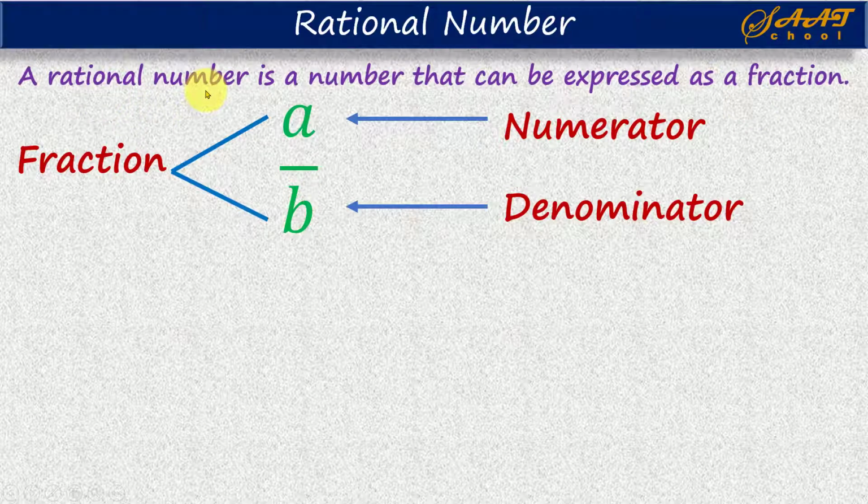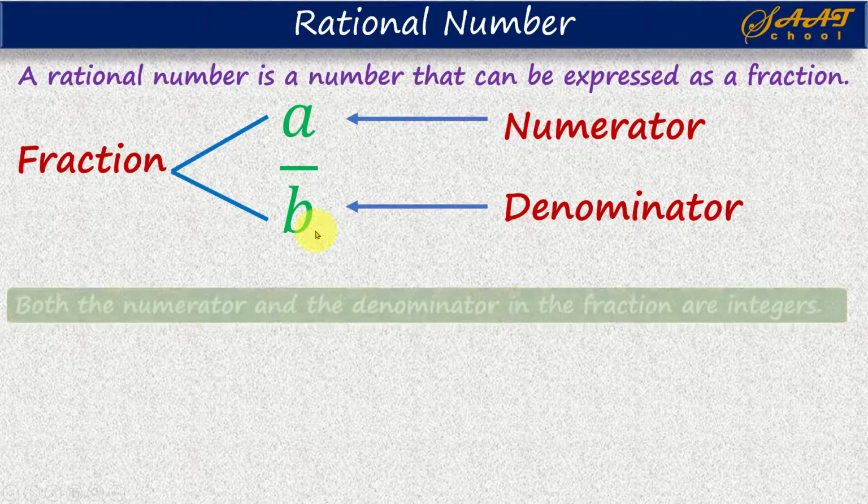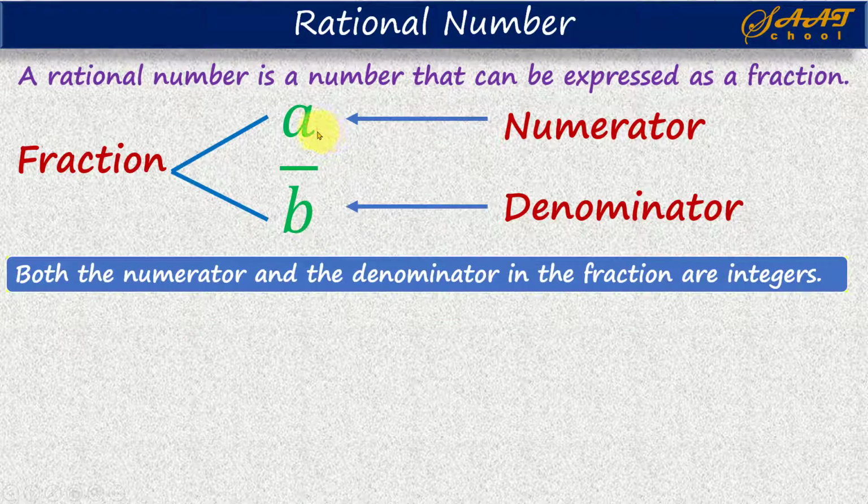So here we have an example of rational number, which is a divided by b, and in that the first is the numerator, or this number, and the number below is the denominator. So numerator and denominator. And the next property is that both numerator as well as denominator in the fraction are integers.